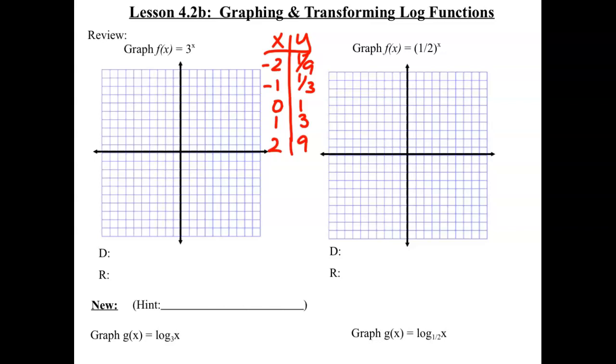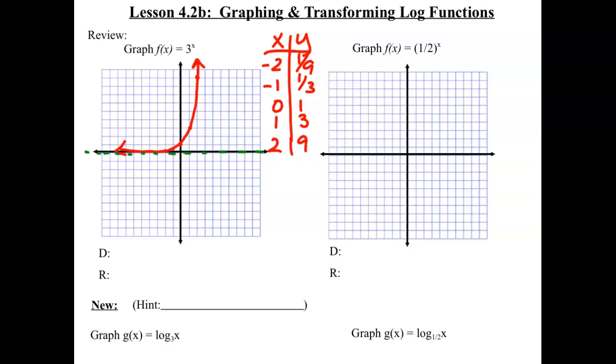All right, so plotting those points, we get that nice smooth exponential curve. And what do you remember about the asymptote? Where would our asymptote be? At y equals 0.